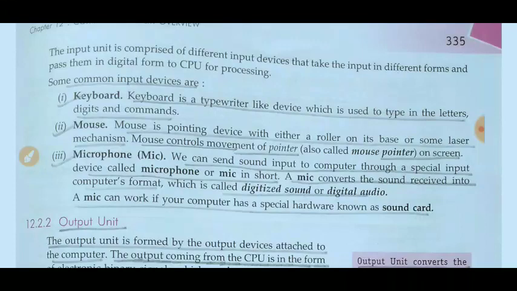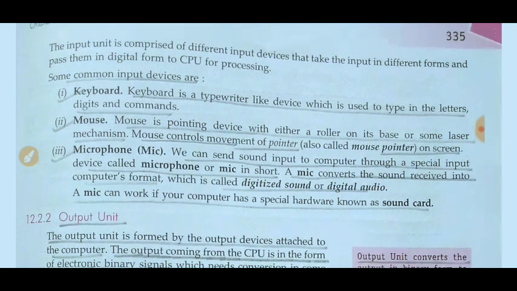Third one is microphone, that is called mic. We can send sound input to the computer through a special input device called microphone, or mic in short. A mic is a device that converts the sound received to the computer format. A computer understands only digital form, means digitized sound, while our voice is an analog signal.